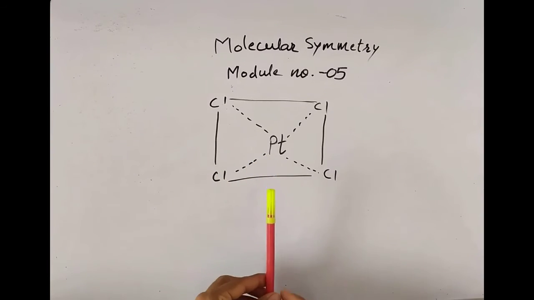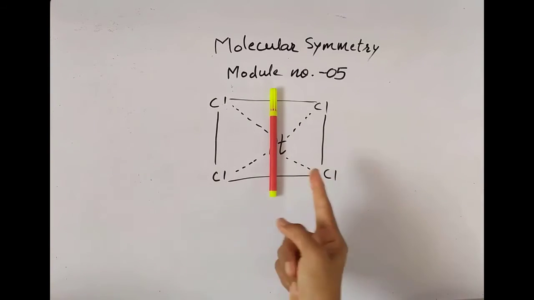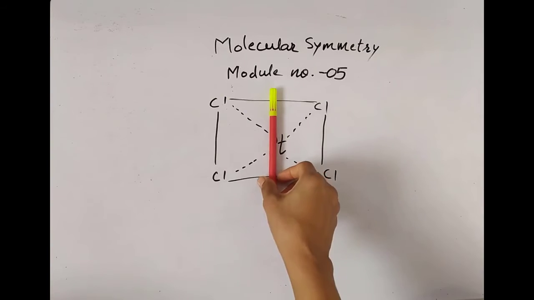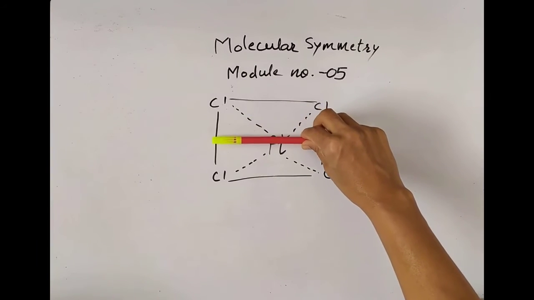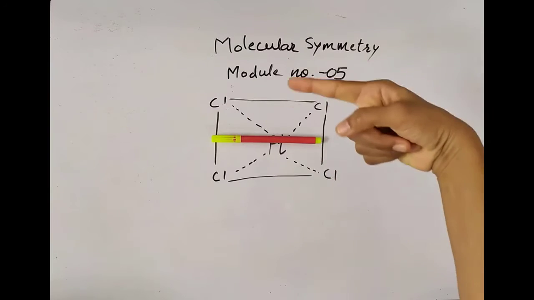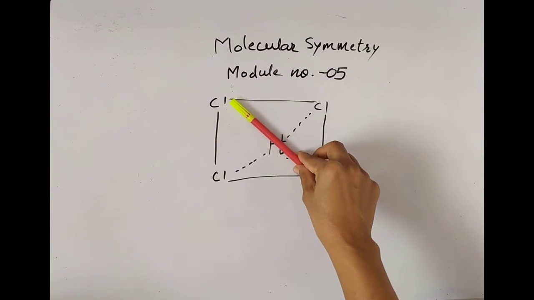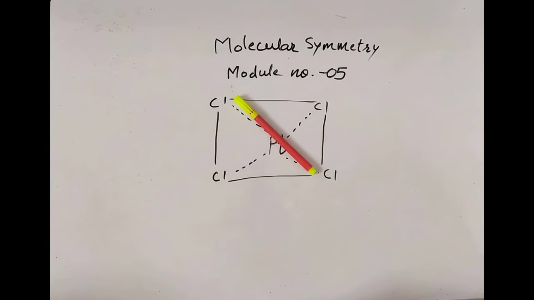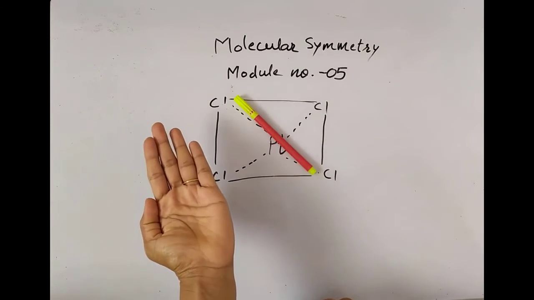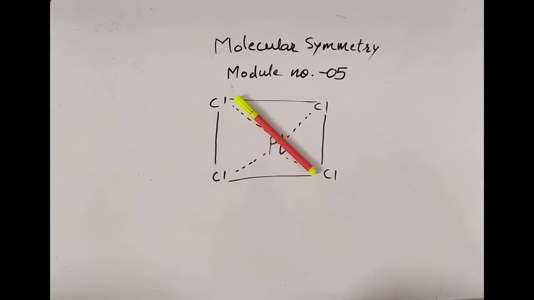Among the 4, I have told you 2. One is like this, same image on either side of the plane. Another way, like this, you can pass the plane, same image on either side of the plane. Third, like this. Half the triangle is easily overlapping with the other half.